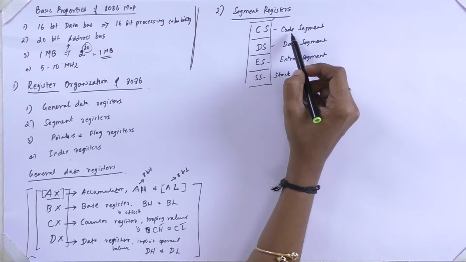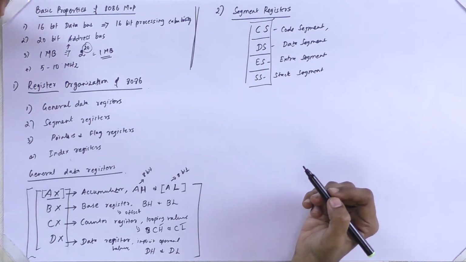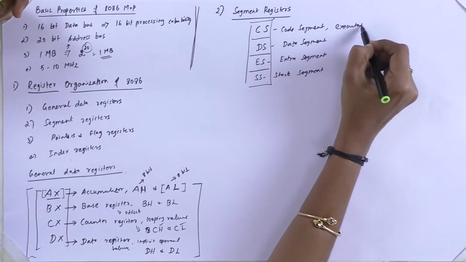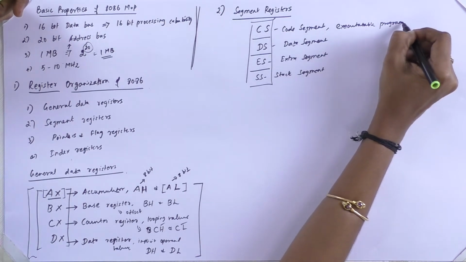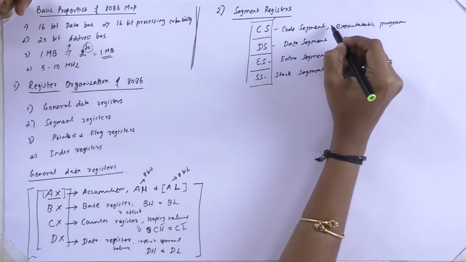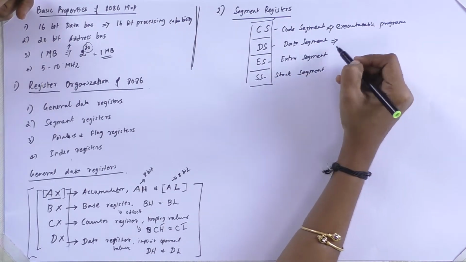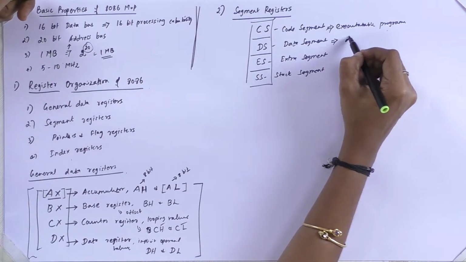CS refers to code segment. From the name itself, we can infer that in this segment, the executable program or actual application program will be stored. Whereas in the data segment, all the data or operand values required by this executable program will be stored.